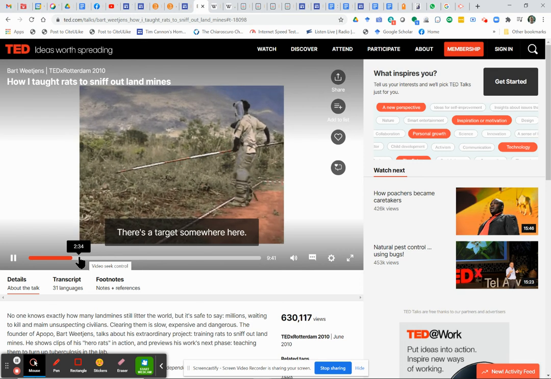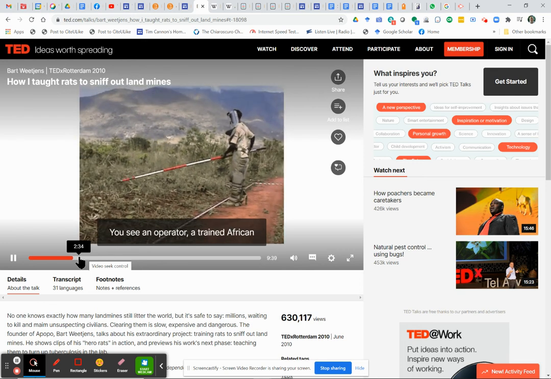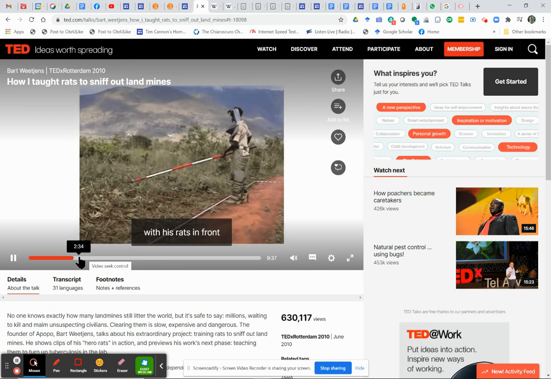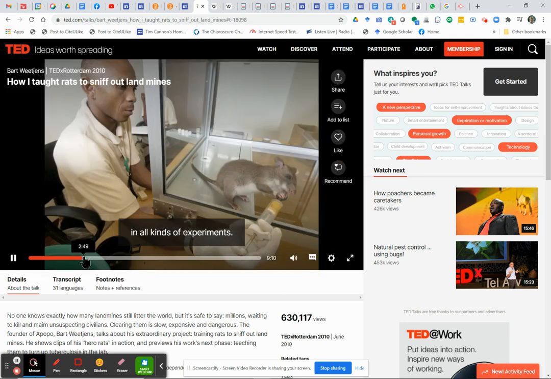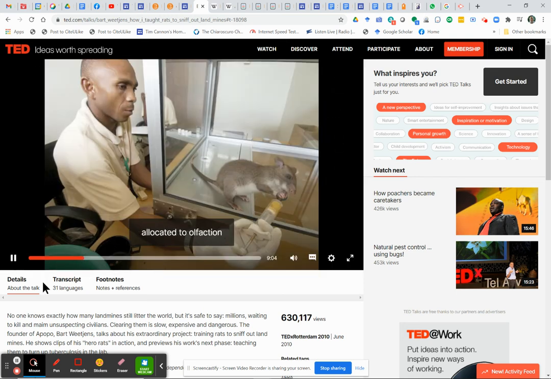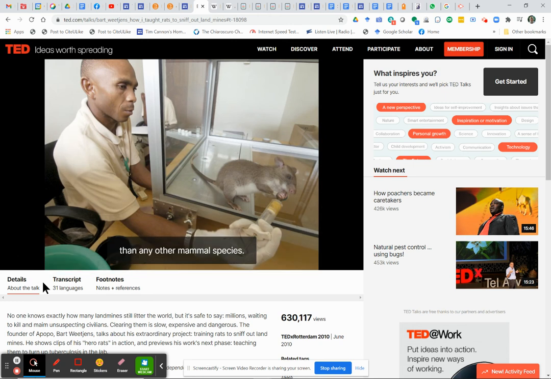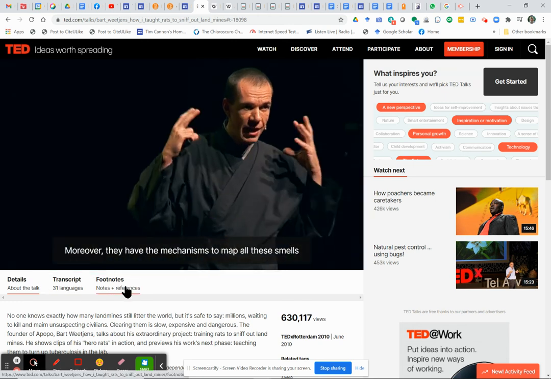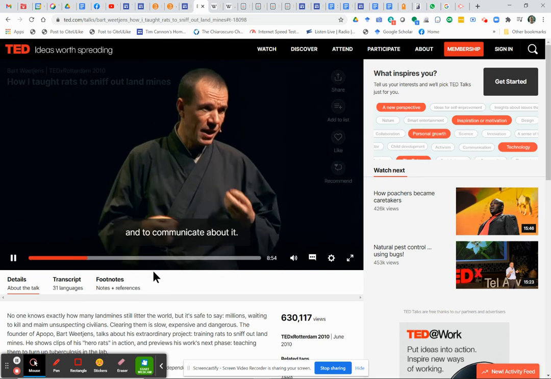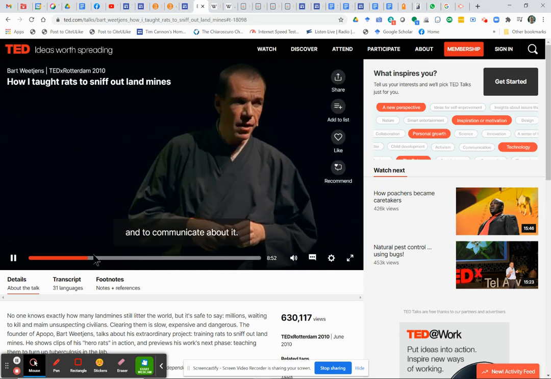There's a target somewhere here. You see an operator, a trained African, with his rat in front, who actually sweeps the terrain in all kinds of experiments. Rats have more genetic material allocated to olfaction than any other mammal species. They're extremely sensitive to smell. Moreover, they have the mechanisms to map all these smells and to communicate about it.